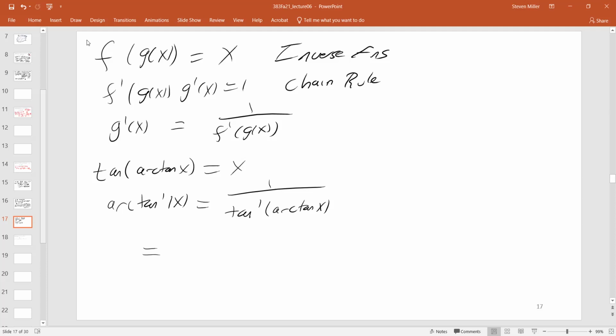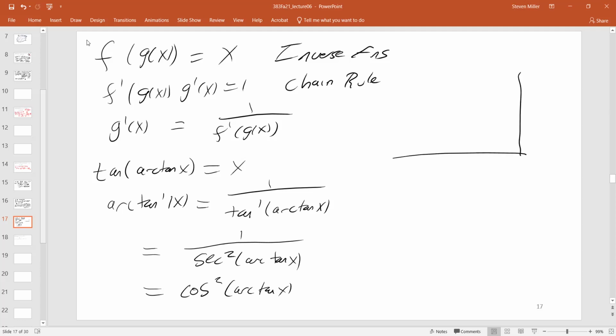I think it's positive secant squared. So the derivative of tangent is secant squared. So we have 1 over secant squared of arctangent of x. And in one of the worst bits of mathematical notation in the history of the subject, what function is 1 over secant? Cosine, right? Truly bothers me. So it's cosine squared of arctangent of x.